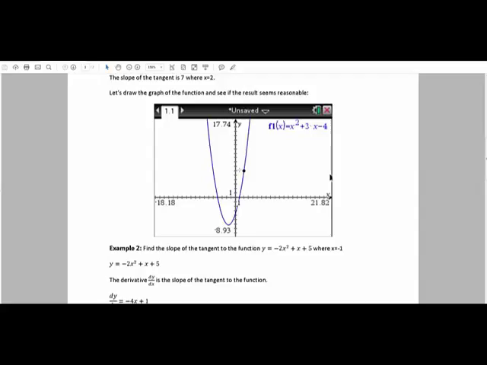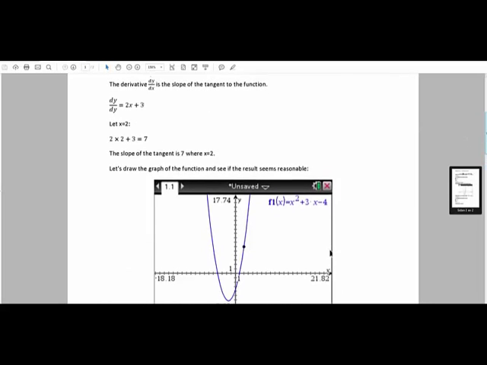So if we were to draw the tangent to the curve, it would be something like this. It would be a straight line, and the question is, what is the slope of that line?